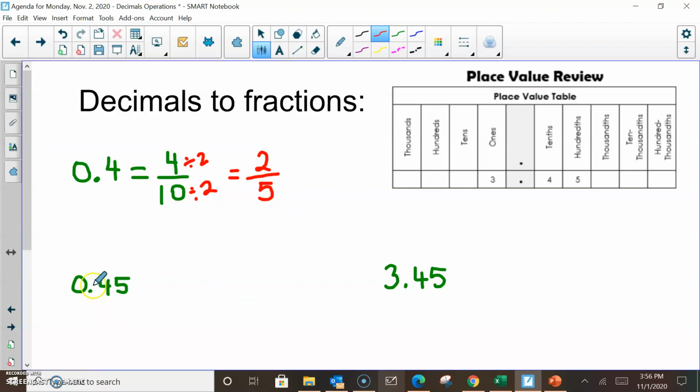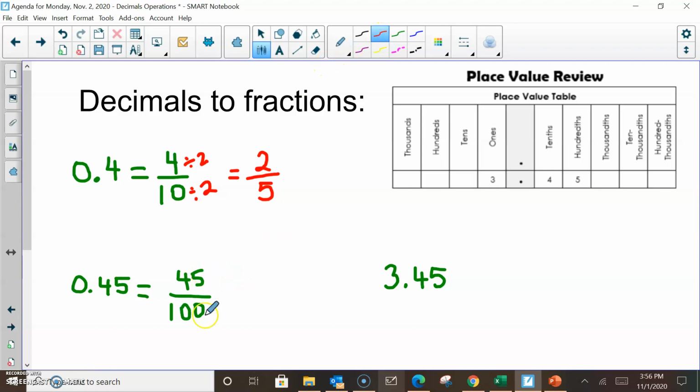Let's do another one. We have 0.45. This one we would say as 45 hundredths. 2 places after the decimal means we are in the hundredths place value. So 45 hundredths would be 45 over 100. And again, we look to see, can we simplify this fraction?